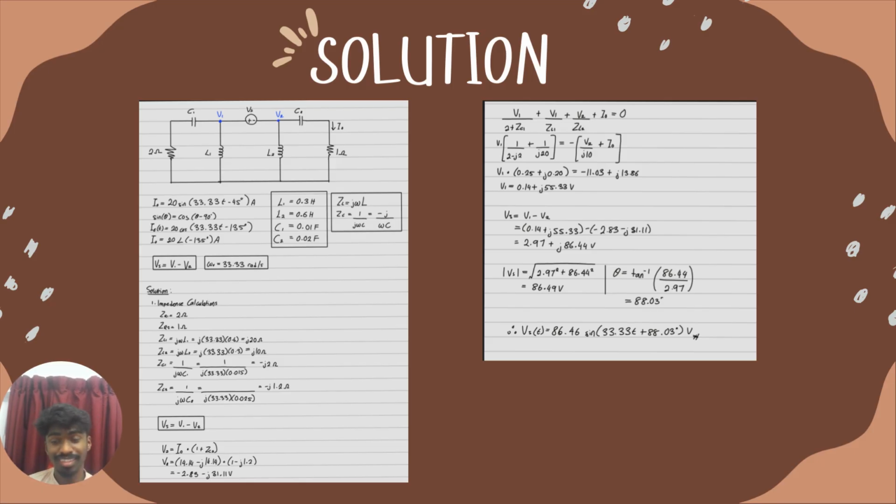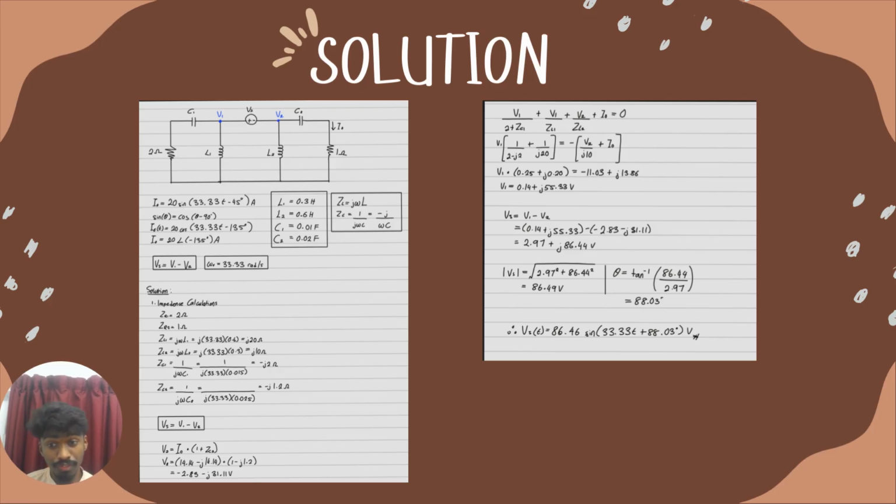The equation includes Kirchhoff's current law, KCL: V1 over R1 plus ZC1, plus V1 over ZL1, plus V2 over ZL2, plus the current, equals 0. This is the sum of the current leaving the left branch, plus the current leaving the left inductance, plus the current leaving the right inductance, plus the current leaving the right branch, equals 0.